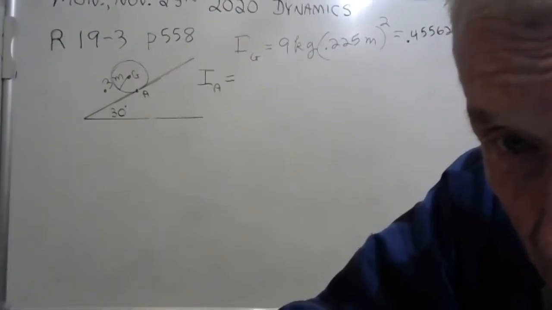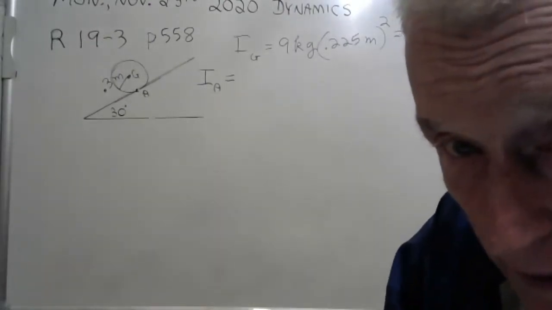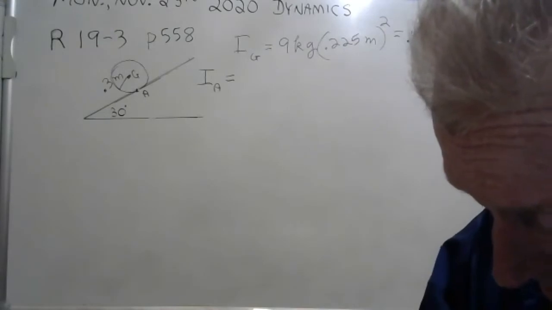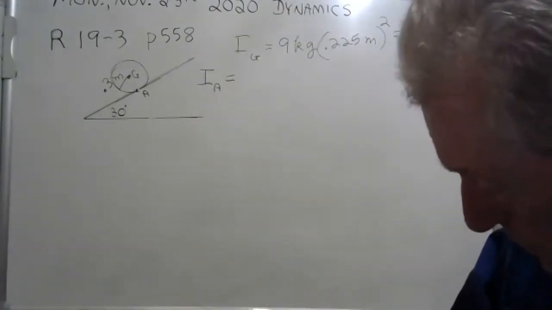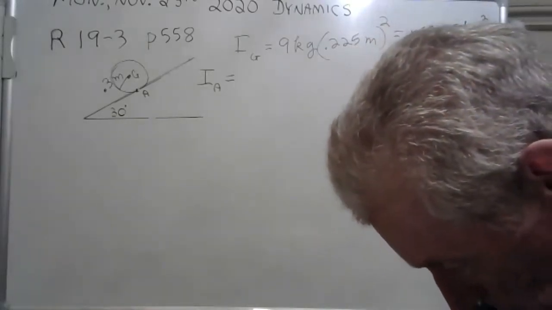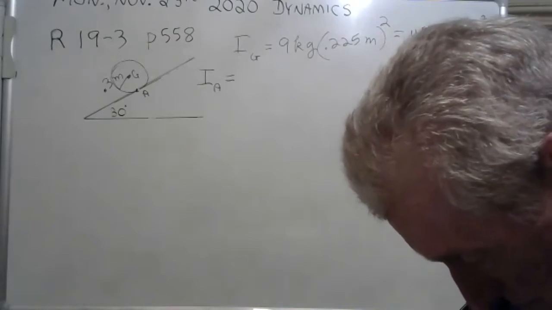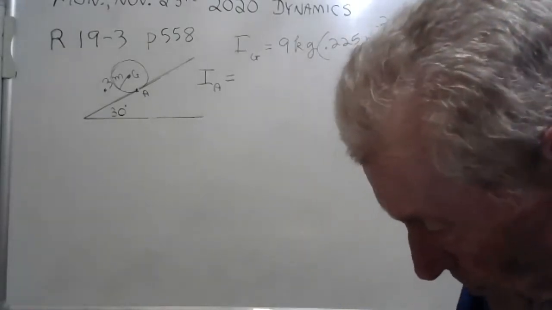Good morning. Shane, do you have that moment of inertia about that point A? I got 1.2556 kilogram meter squared. How come I got a different answer? Now, you might be right, Shane. Just a minute now, but I got a different answer. Shane, do it again.